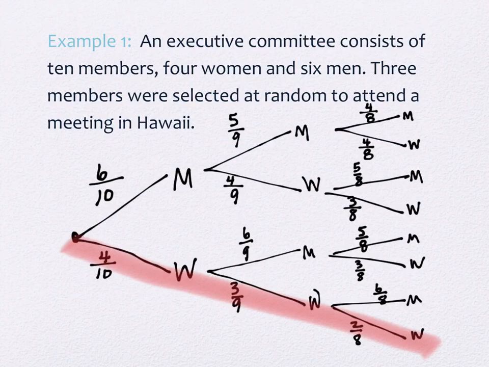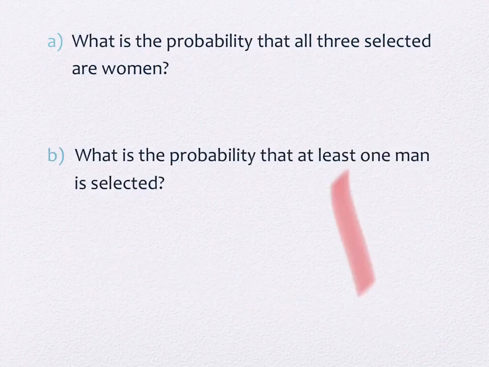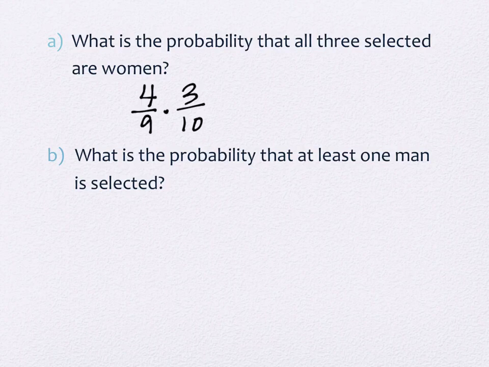So we're going to multiply 4 over 10, 3 over 9, and 2 over 8.